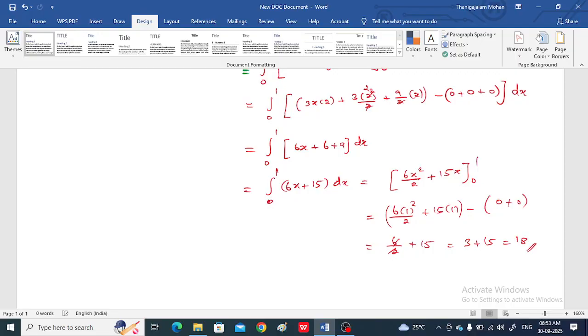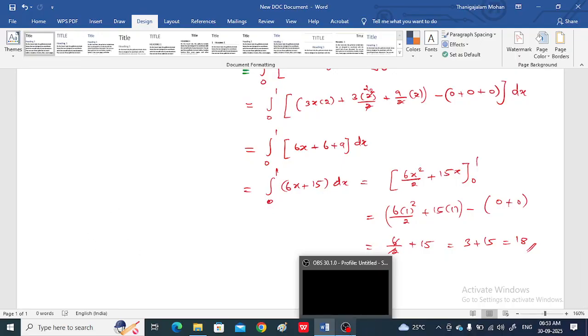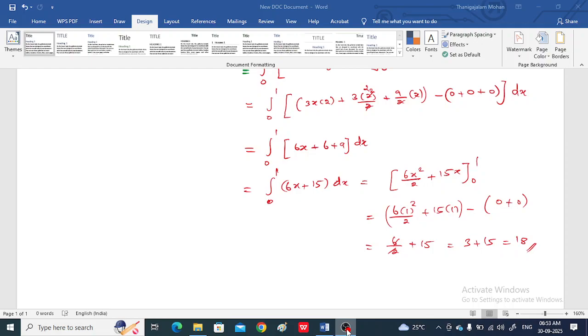It's our total integral value. Actually integration means finding volume, surface, like that.